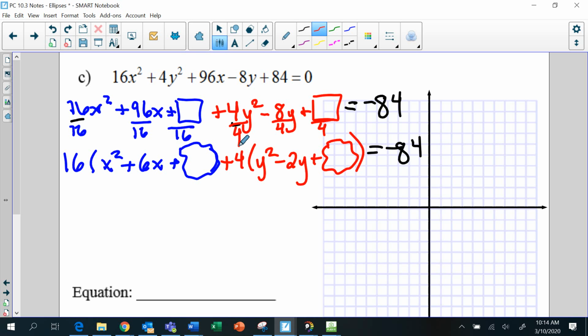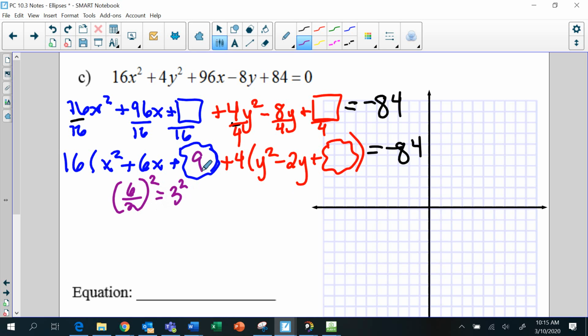The reason why I changed my square into a fluffy cloud is because the number that goes in my fluffy cloud is different than the number that goes in the square. They're different numbers. I'm going to complete the square with 6: you do 6 divided by 2 and square it, which is 3 squared, which is 9.